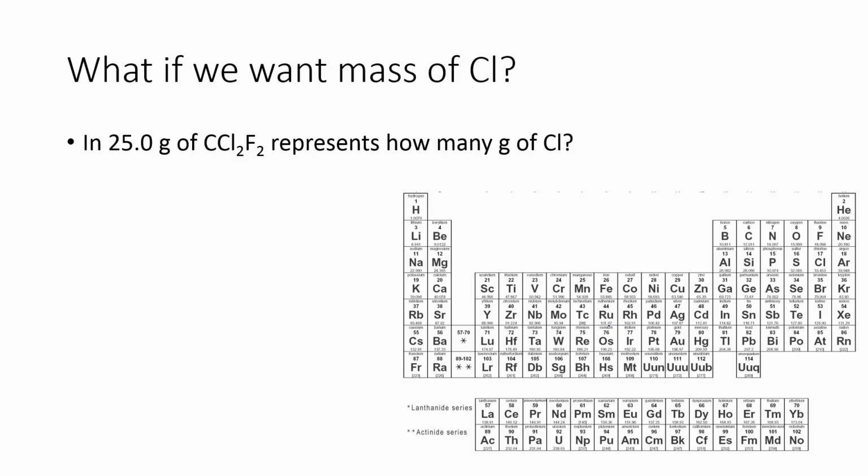Alright, well, what if we want the mass of chlorine? So let's take a look at this. We have 25.0 grams of CCl2F2. How many grams of chlorine does that represent? Well, we can use that mass ratio that we had before, but that is only one way to do it.